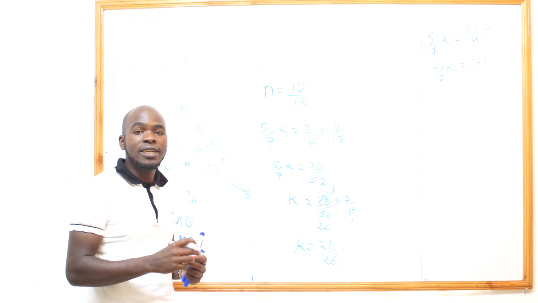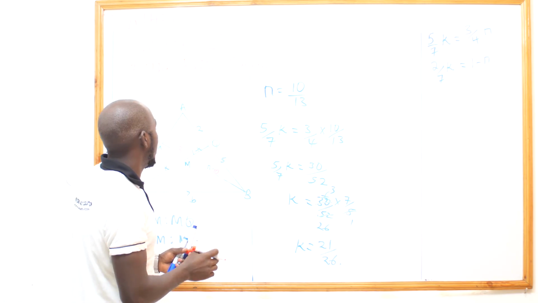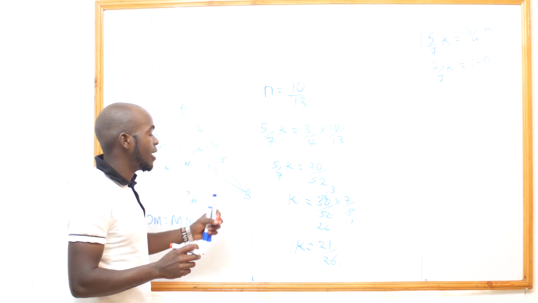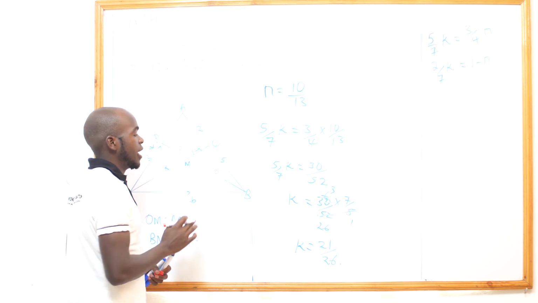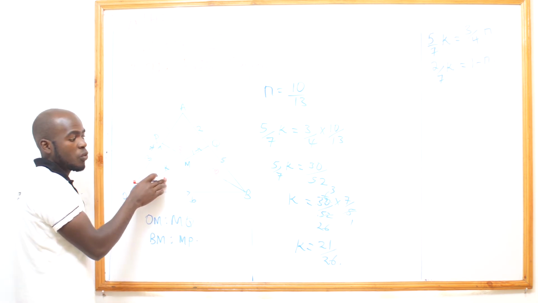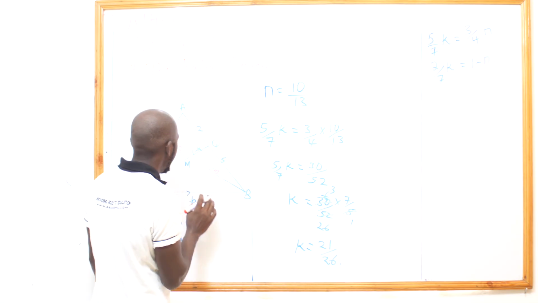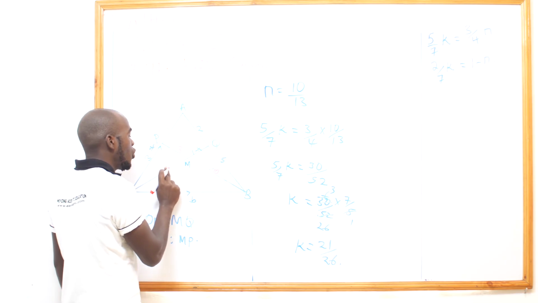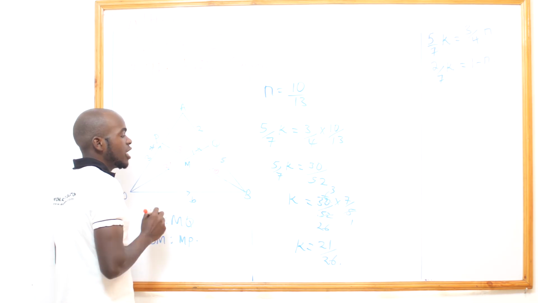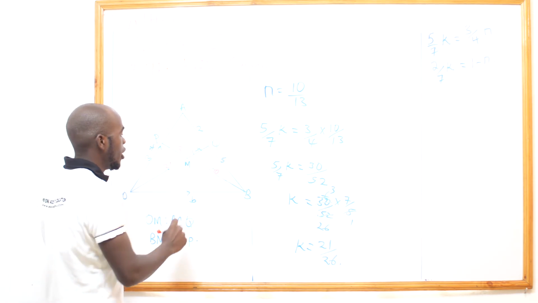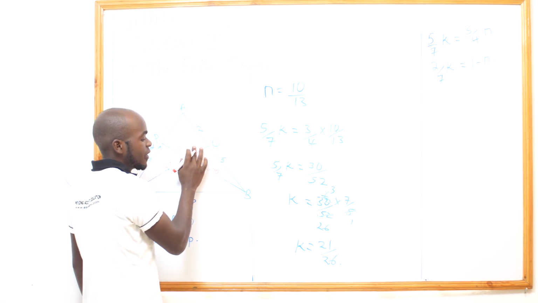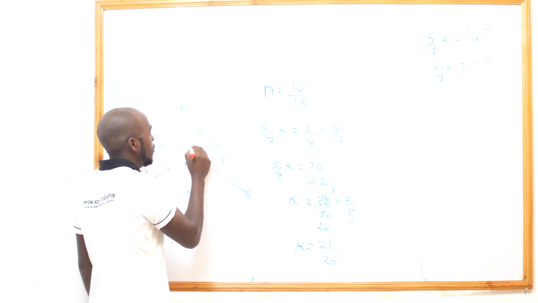If you find that ratio theorem, you will find that this side will be 3 and the other side will be 10. The same applies to this. We find this k, this side will be 21 over 26, meaning that k alone will be 21. The total ratio is 26. If you subtract, you're going to have this side here being 5.